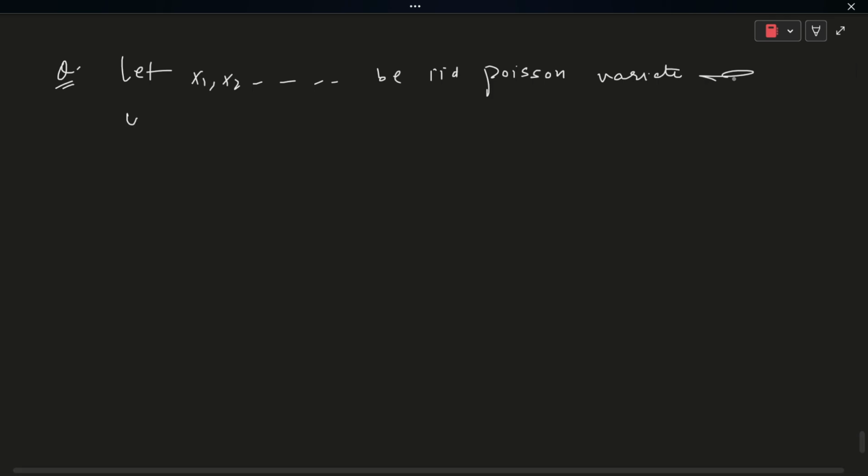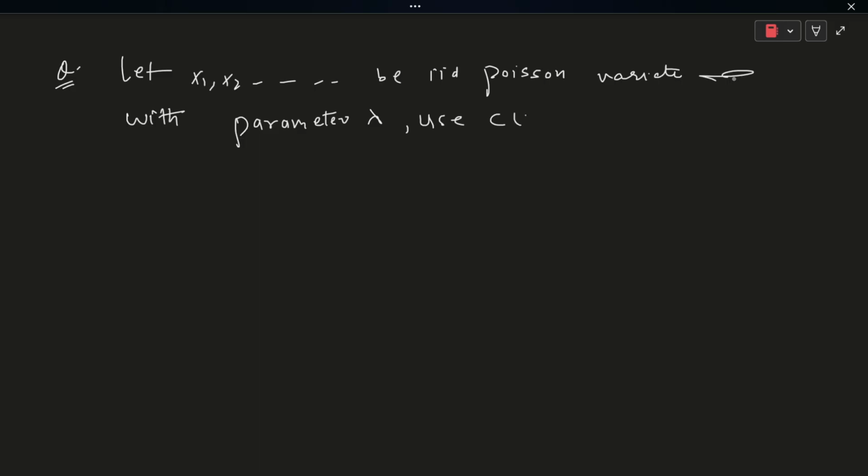So let's look at a question on CLT now. Let X1, X2 up to Xn be IID Poisson variates with parameter lambda.